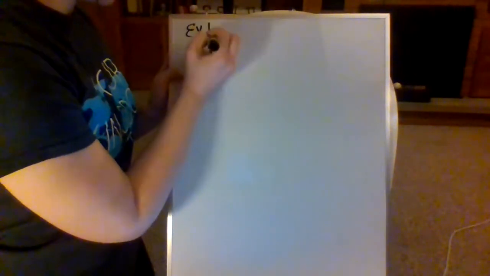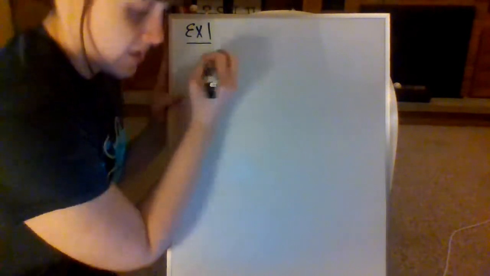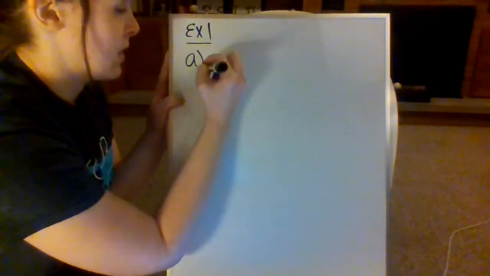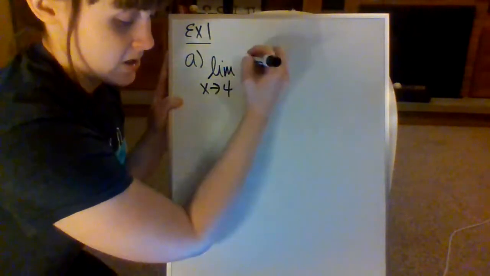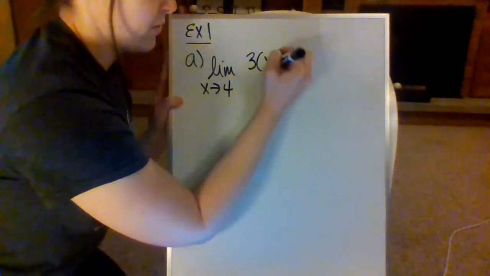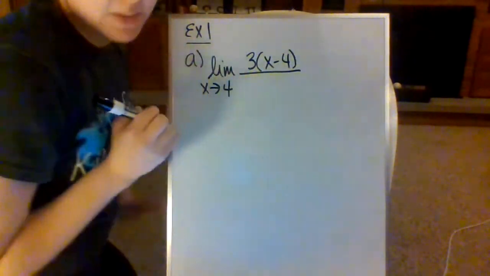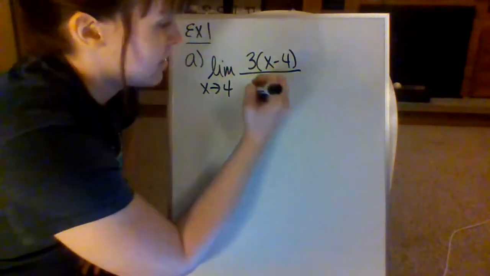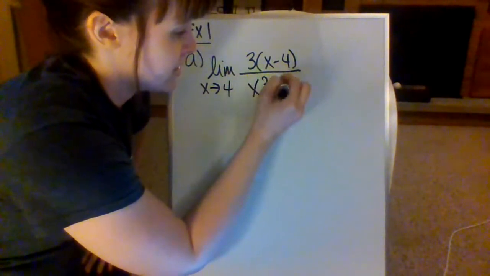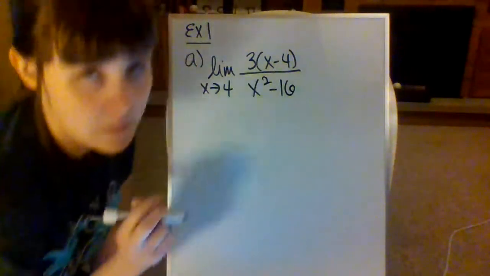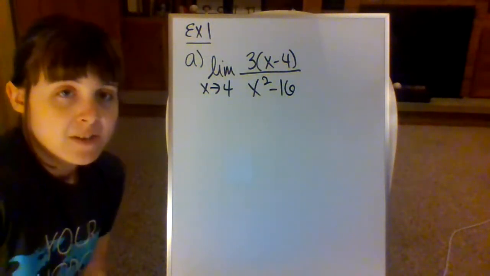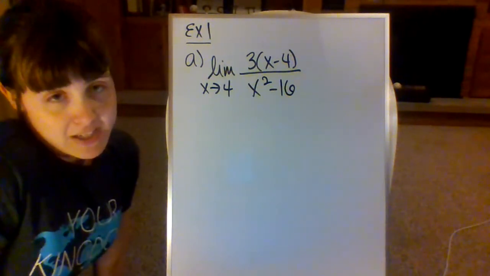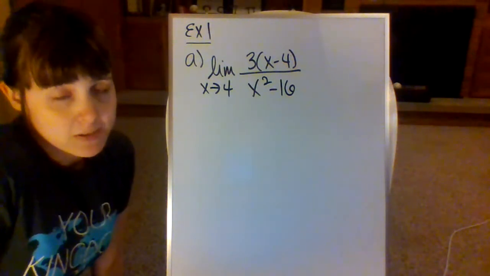Alright, so example 1, we have this going on. Find the limit as x approaches 4 of 3 times x minus 4, over x squared minus 16. Now, you definitely could factor this and cancel some things out, which we learned a couple lessons ago.